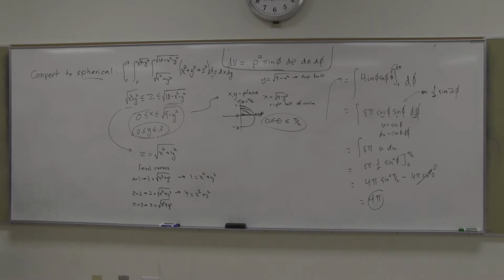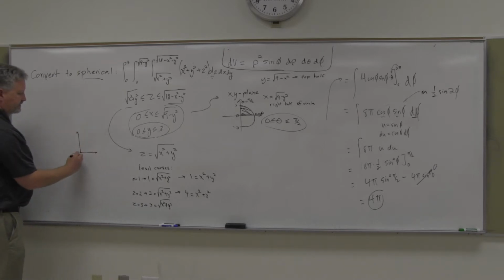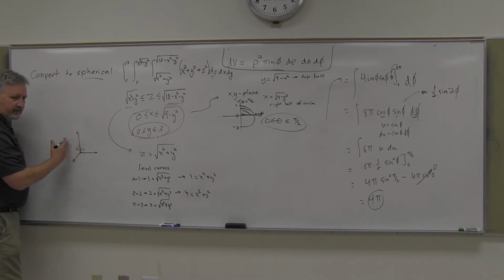So forth. So as you go up on your z-axis here, so z equals 0 would obviously be 0, but at z equals 1, we've got that level curve circle, so it's a radius 1 circle. At z equals 2, we've got a radius 2 circle.